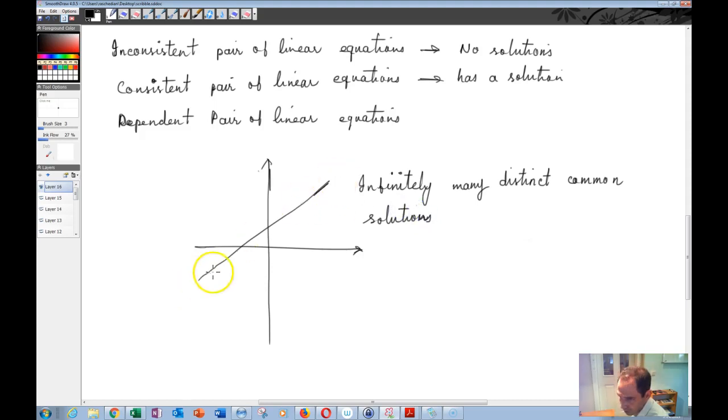Again, imagine that these are two lines, and you have drawn the two lines, and you've gotten the exact same line for both of the equations. So they have infinitely many distinct common solutions, and such a pair is called a dependent pair of linear equations in two variables.